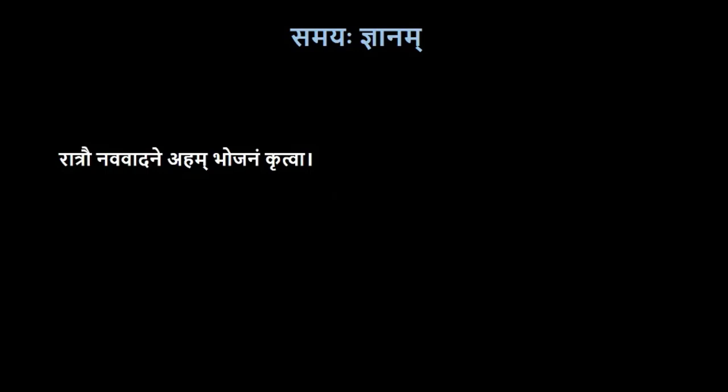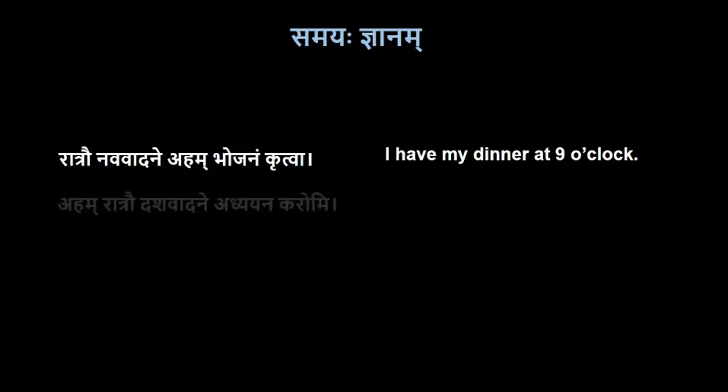Krutva is to do. Aham is I. I have my dinner at 9 o'clock. Bhojanam is dinner. Krutva is have or eat or do. So I have my dinner at 9 o'clock. Ratrau Navvadane aham bhojanam krutva.